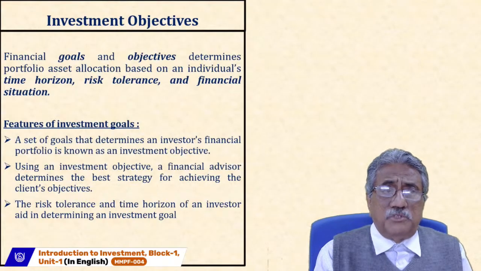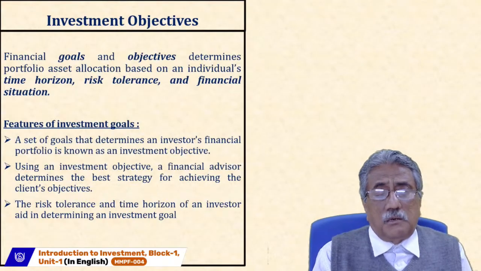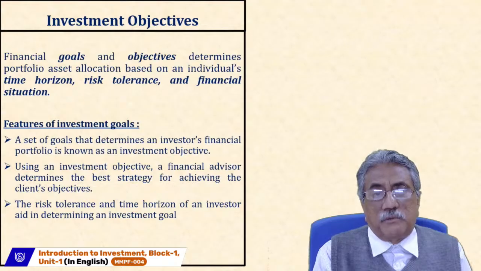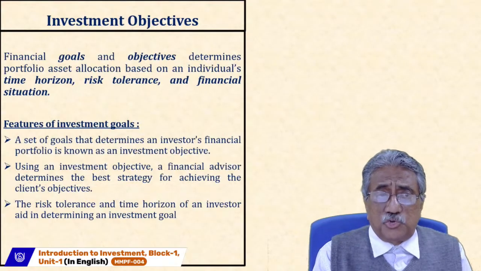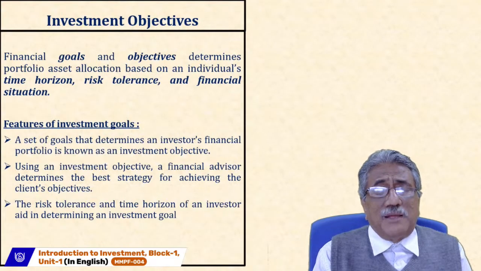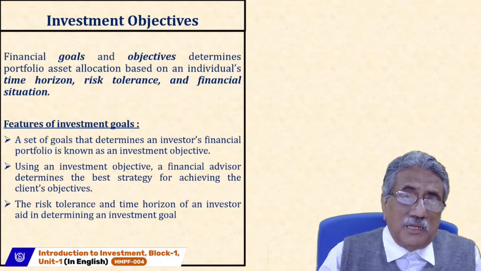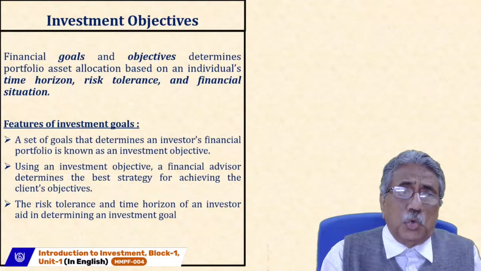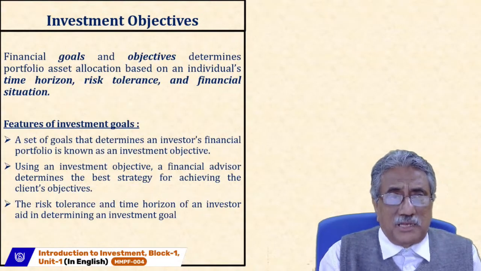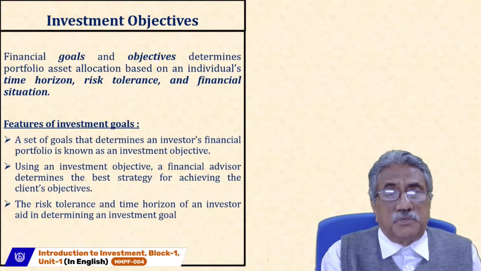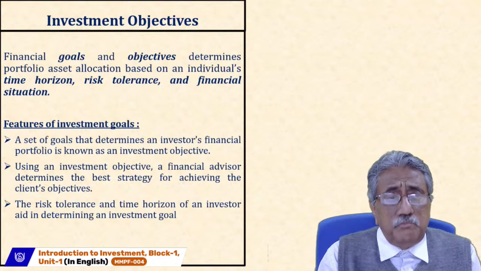My time horizon will be something different because if she is now 3 and I want to get her married by 23 or 25, so 20 years is my time horizon. And my financial situation, suppose I am a salaried employee, I will put a little money every year or every month. But here my financial goal is to make X amount and the objective is my daughter's marriage.